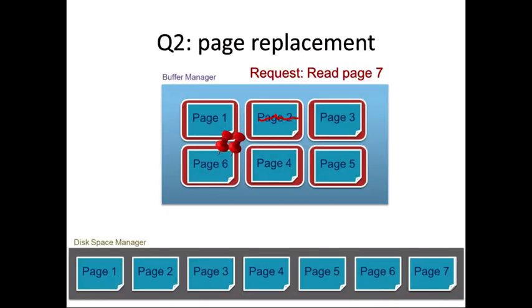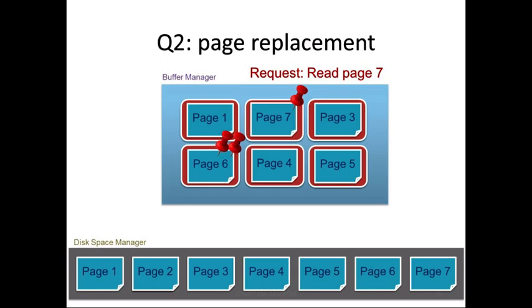Okay, so let's see this on our example. Let's say that in the current context, page 2 is the one to be replaced. We'll see what policy may lead to such a decision. So we have to deal with a request for page 7, the buffer zone is full, and let's say we picked page 2 for replacement. So we have to save it to disk because that page was dirty, and then we bring page 7 in instead of page 2, and we pin it.